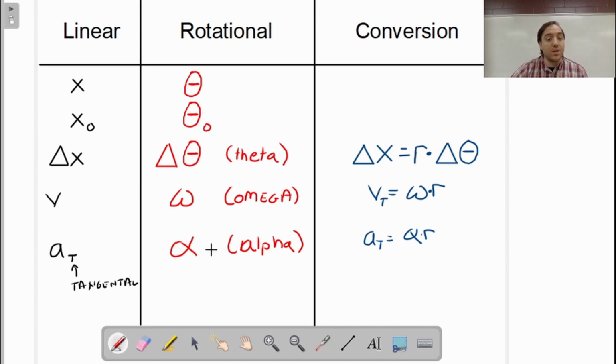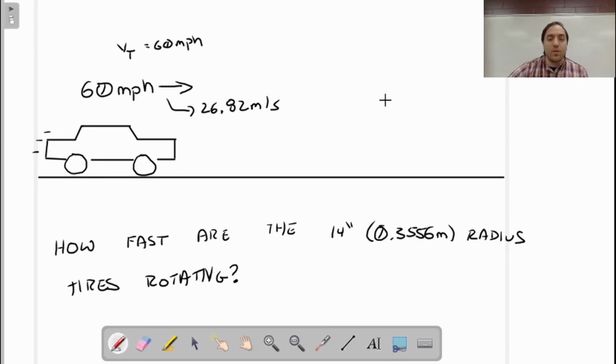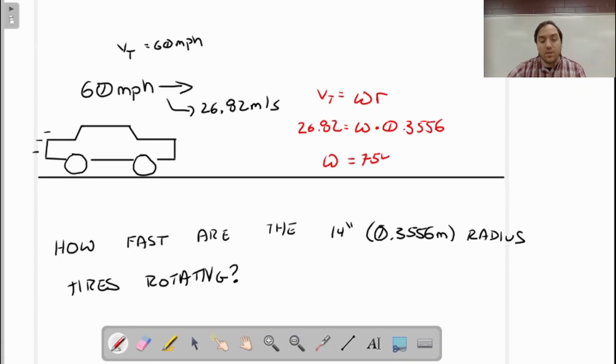So using the relation I have here, Vt equals omega r. Or in other words, the 26.82 is going to equal omega times 0.3556. Divide the 0.3556 to the other side, and I get 754.22.